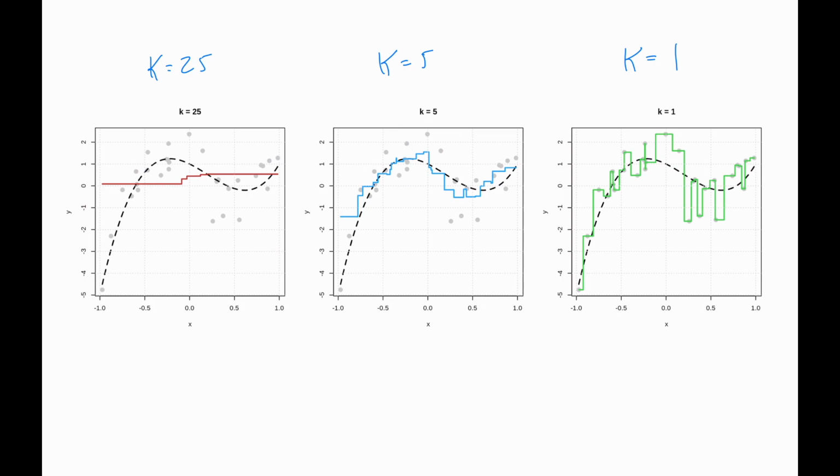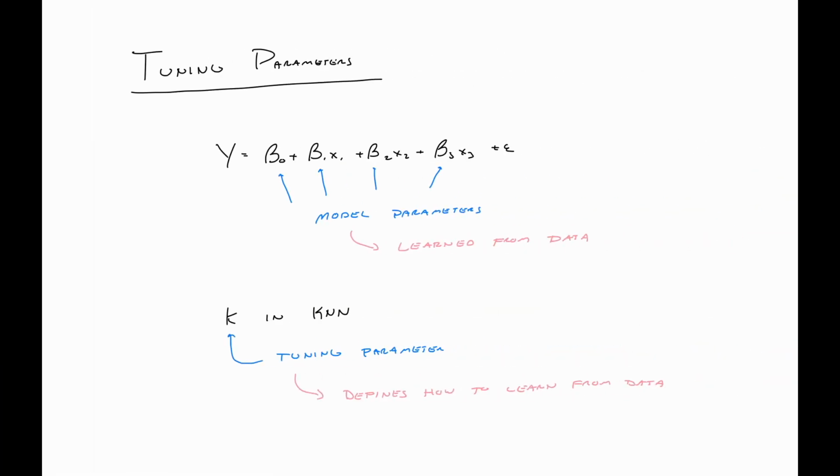I'm just saying, here's how we learn the mean function from the data. Now, eventually, in tuning, we will tune this parameter. That is, we'll try many values of k and see which one works best. So we will learn it from the data, but if we don't think about going through the validation procedure, we're just setting it and seeing what happens. So it defines how we learn instead of us learning it from the data.